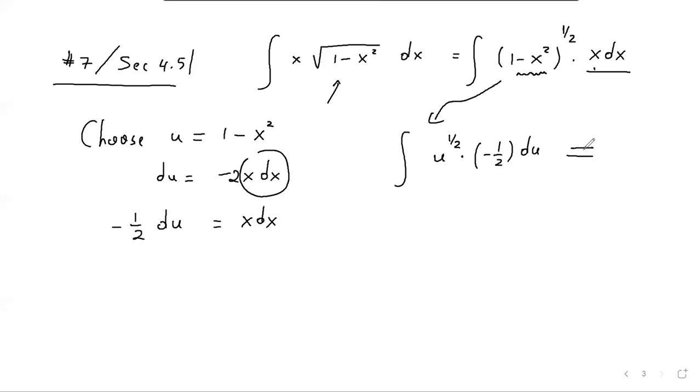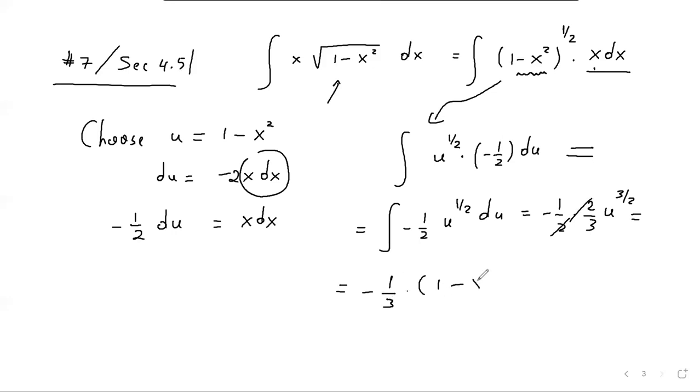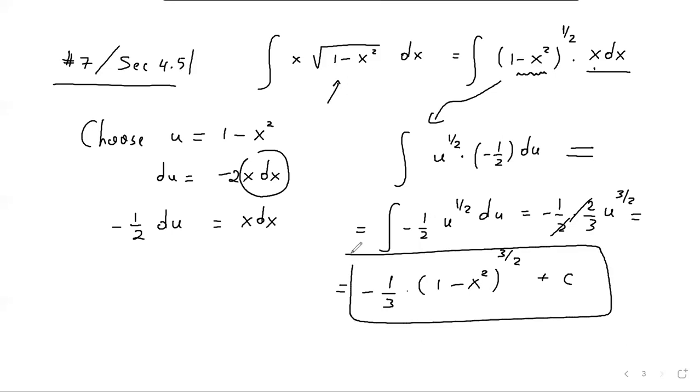So this is equal to the antiderivative of negative 1/2 u to the 1/2 du, and that is negative 1/2 times, for u to the 1/2, again, the antiderivative, we already did that, 2/3 u to the 3/2 in the previous problem. So the final answer is negative 1/2 times 2/3, that's going to be negative 1/3 times 1 minus x squared, folks, to the 3/2. That is the antiderivative, if you want it as the final thing.